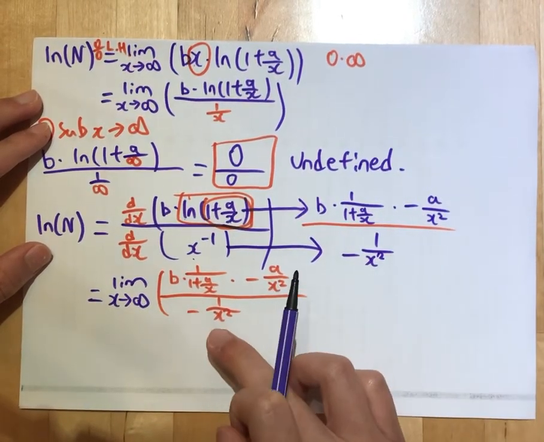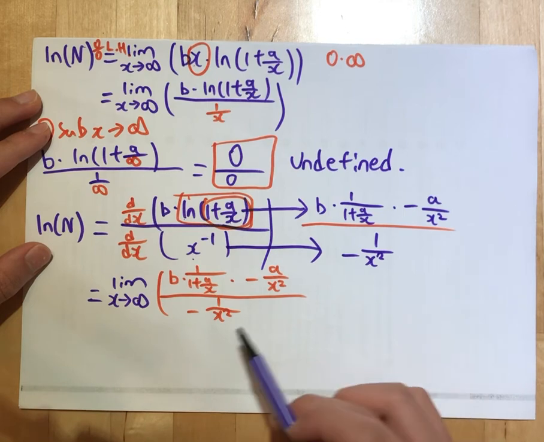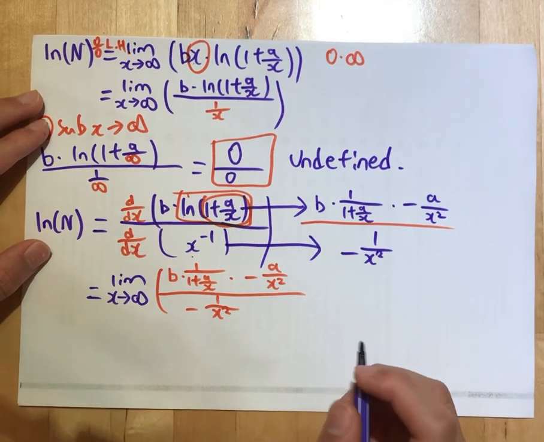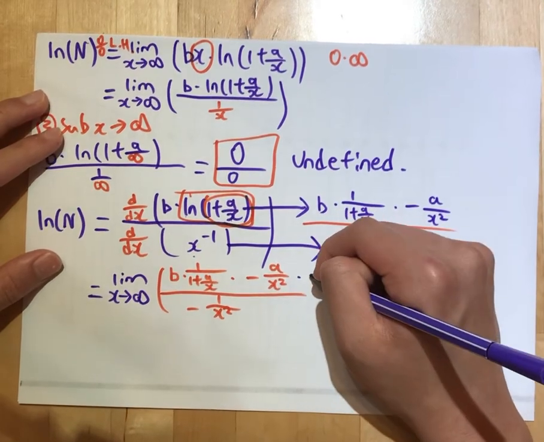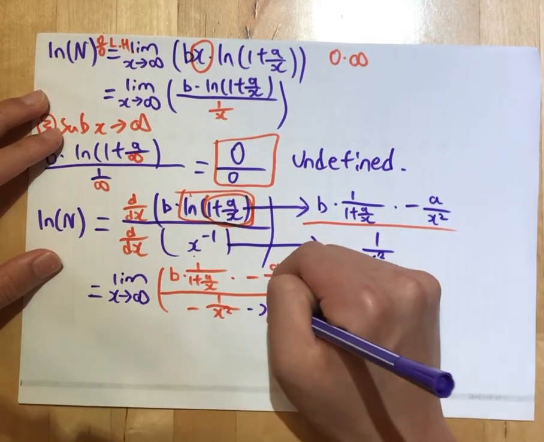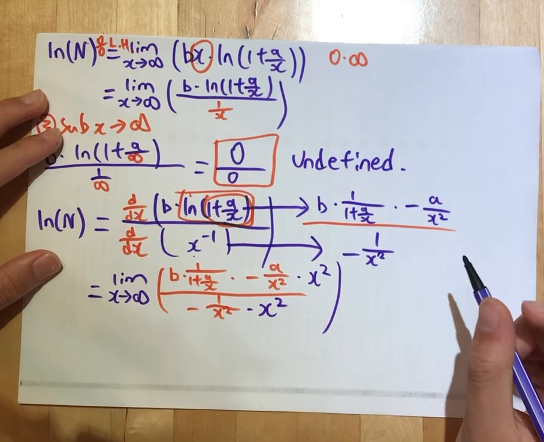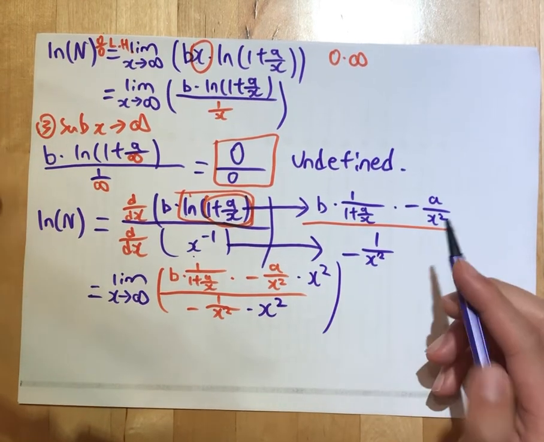So now we have x squared in both the numerator and denominator. If we want to cancel that out, maybe we can multiply by x squared on the bottom and the top.